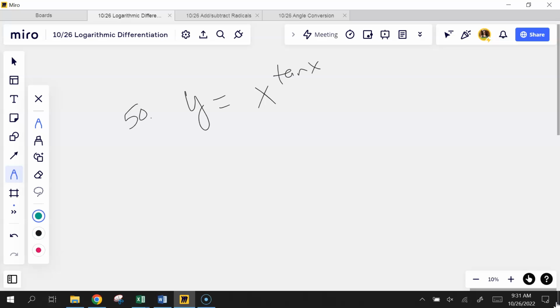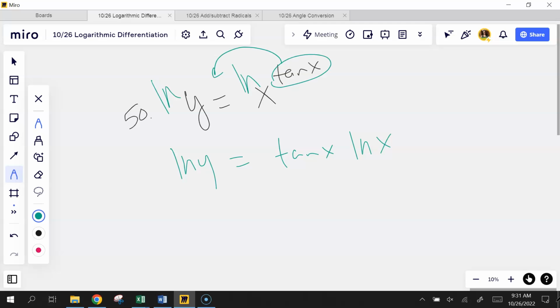All right, y'all get it? I'm going to log both sides. So I have log of y equals tan x log of x, right? Because I brought that tan x right around front, power rule.